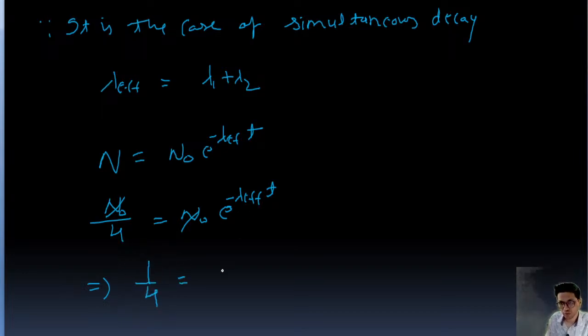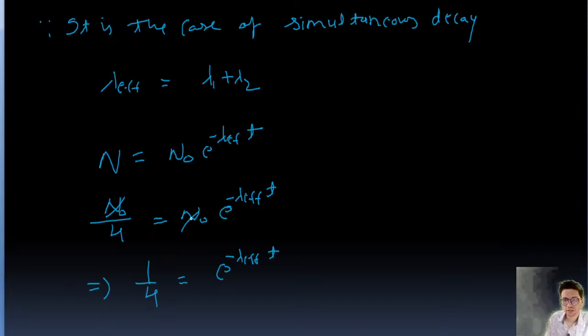1 by 4 is going to be equal to e to the power minus lambda effective t. So from here, e to the power lambda effective t is going to be 4, by log property. Just a property. So e to the power lambda effective t minus e to the power minus lambda effective t is going to be equal to 1 upon e to the power lambda effective t.